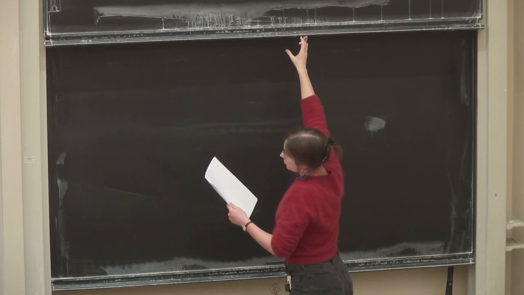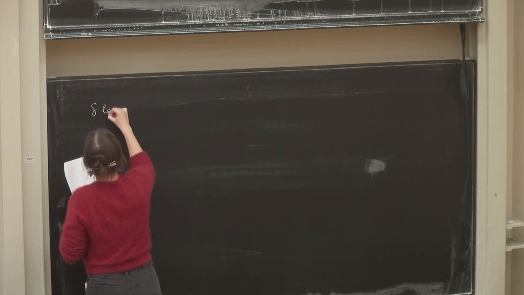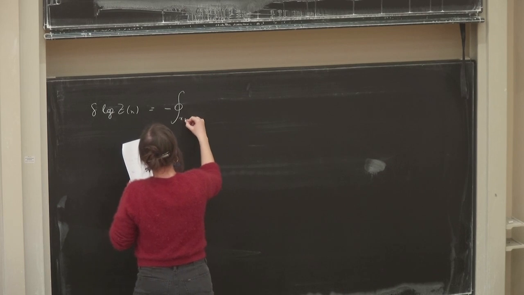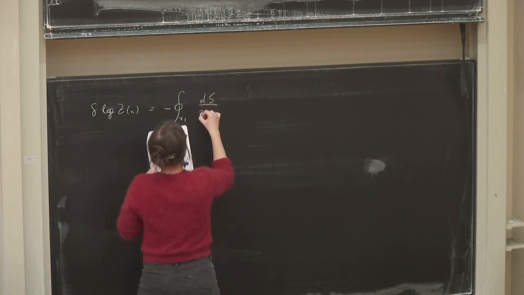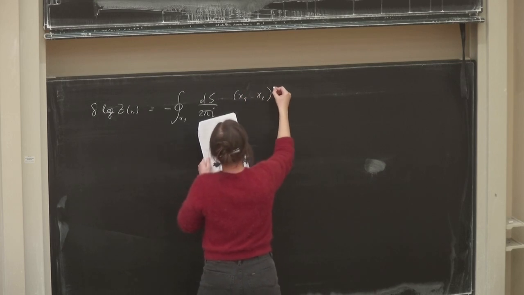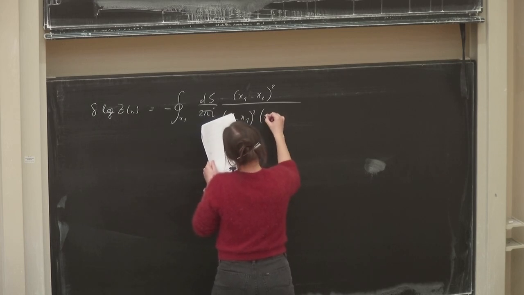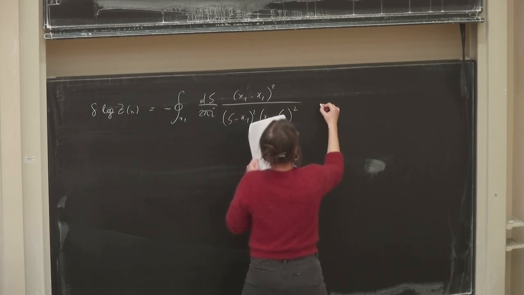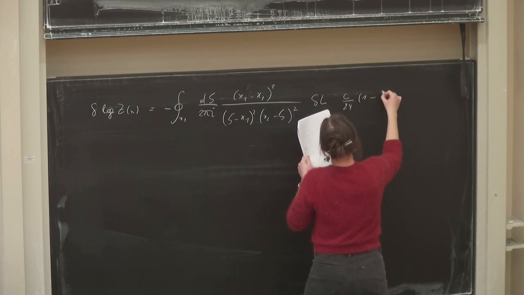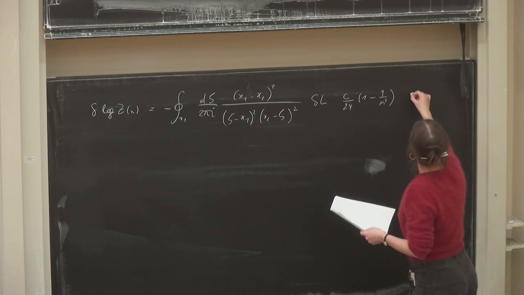Now let's go to our complex integral. We have delta log z_n, d zeta over 2 pi i, (x1 minus x2) squared over (zeta minus x1) squared (x2 minus zeta) squared, delta L. This is c over 24, 1 minus 1 over n squared. Let me already add the times 2 here.